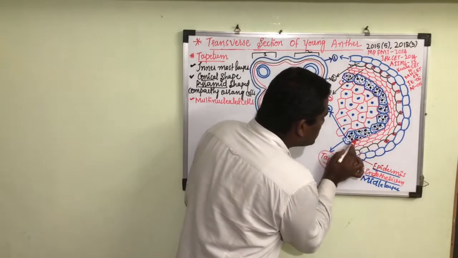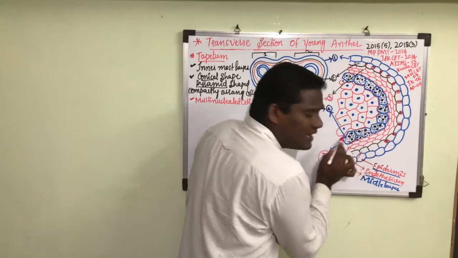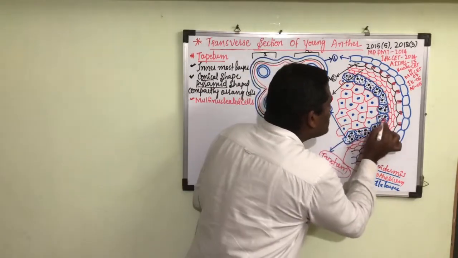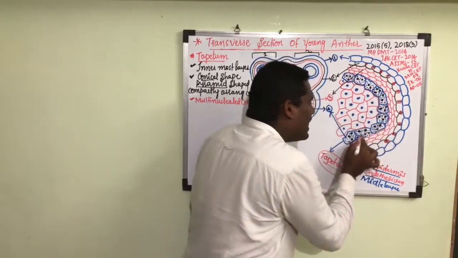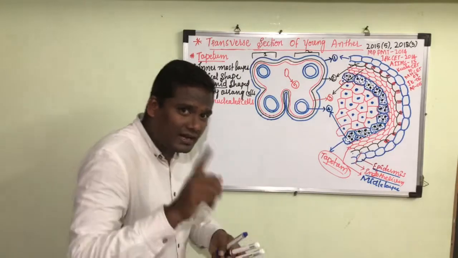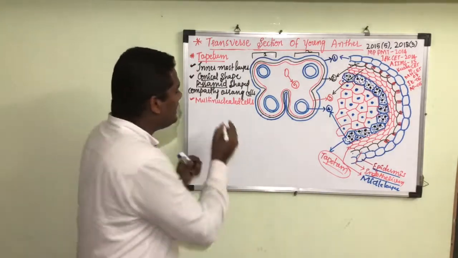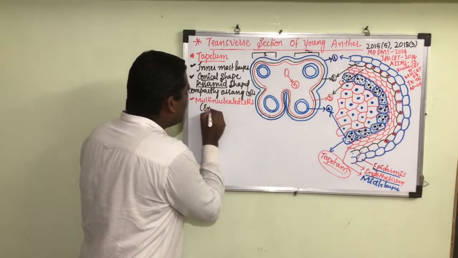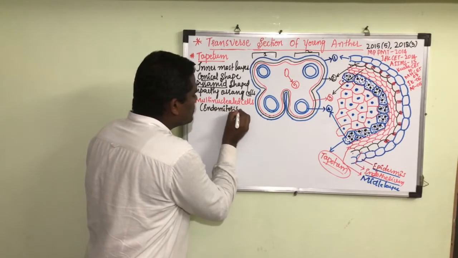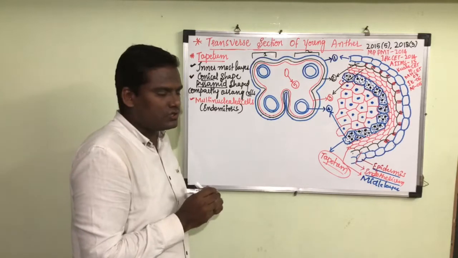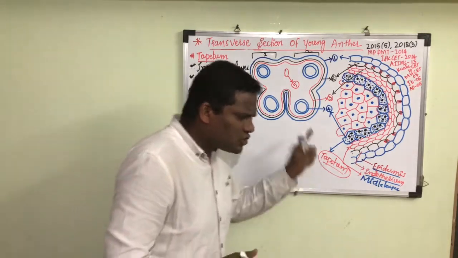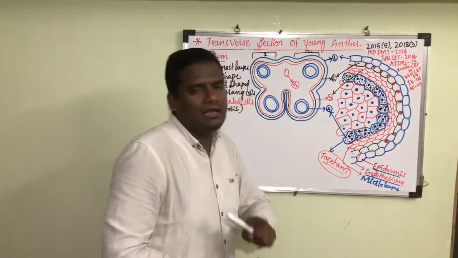Here this tapetal cell has only two nuclei, so it is called a binucleated cell. Simply, all these tapetal cells are multinucleated cells, and this multinucleated condition in the tapetum is due to the endomitosis process.